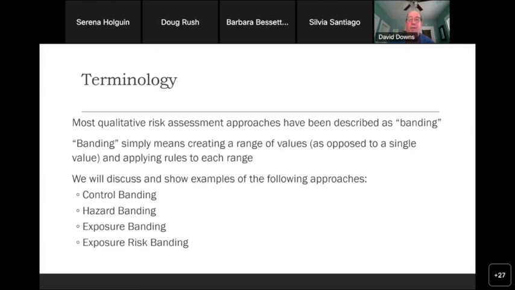In other cases, maybe determining whether or not we need to do sampling, to a range of values rather than specific, if we don't have a specific value to work with. So we're going to talk about 4 ways of going about doing this. One is control banding. The other is hazard banding, exposure banding, and then finally exposure risk banding.